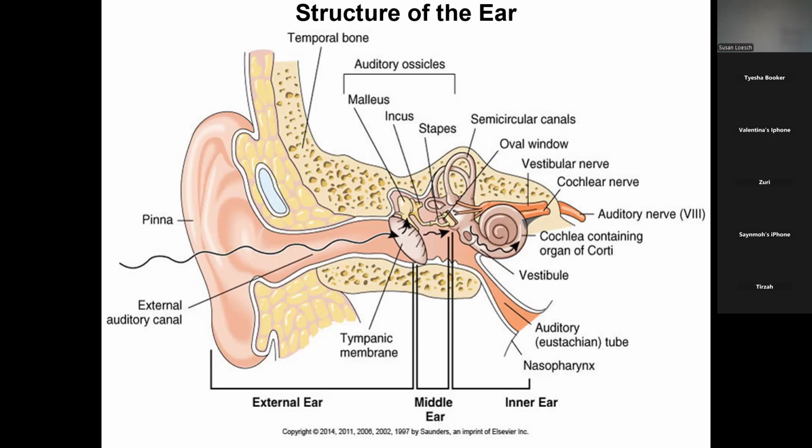The inner ear is called the labyrinth. It's composed of two parts, the cochlea and the semicircular canals, joined by a vestibule. There are structures there made of the bony labyrinth that is fluid filled. Let me say that again.